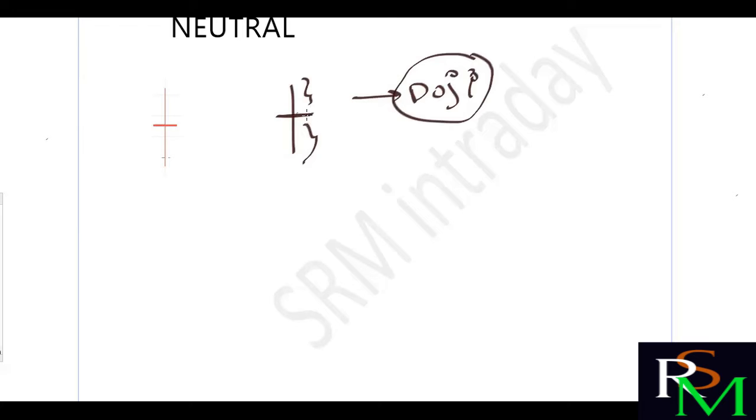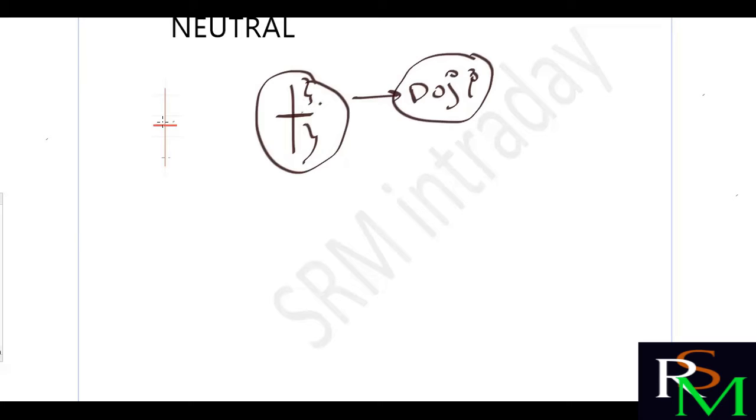What exactly is the meaning of doji? Buyers and sellers are both equal, so there is no specific movement in the market. It can move either upside or downside, but if you find this, it means it couldn't move, neither upside nor downside. This type of pattern or candle is called an indecision candle, doji.